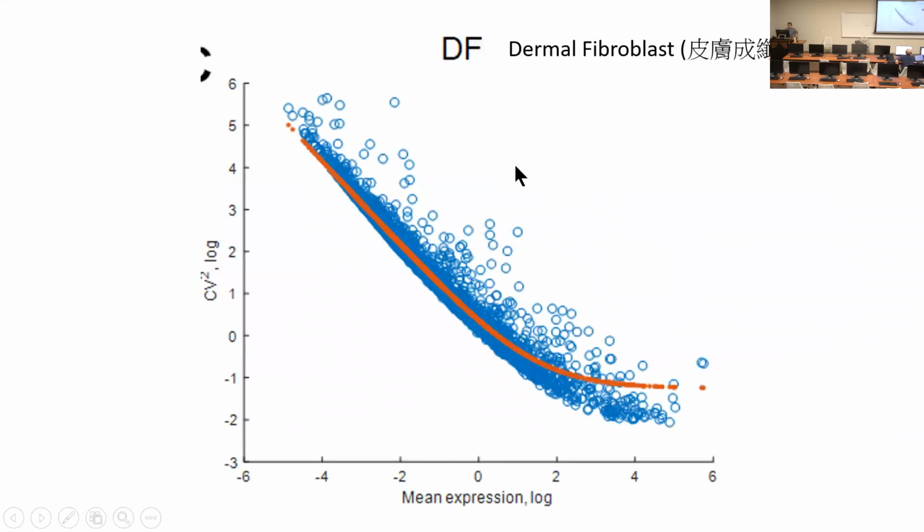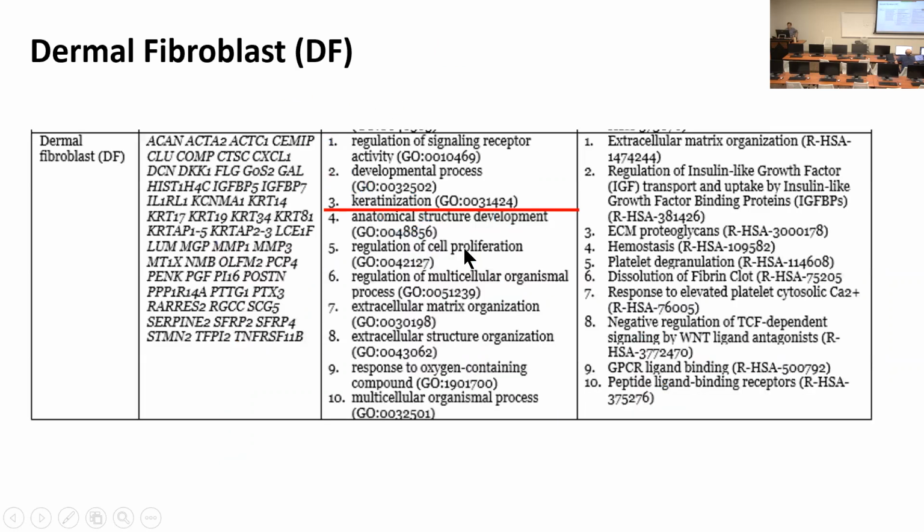Let's see the last one, fibroblasts. You found highly variable genes by residual CV, and those are the genes. You still have cell proliferation.